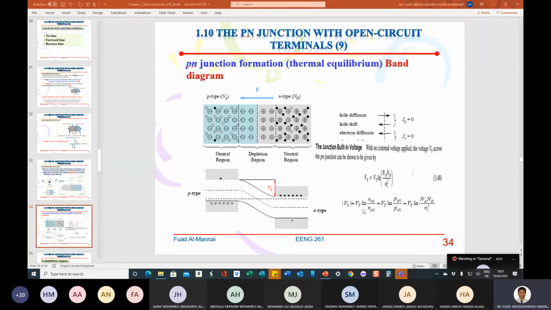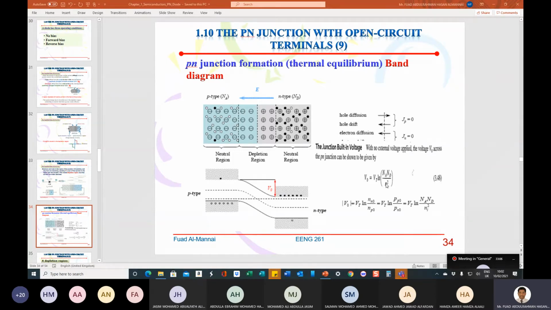Now, if you want to calculate it, VO, the built-in voltage, is given by this formula here. VO is equal to VT, the thermal voltage, 25.9 millivolts, times the natural logarithm ln of Na, the acceptor ion concentration, times Nd, the donor ion concentration, divided by Ni squared, for silicon atoms.